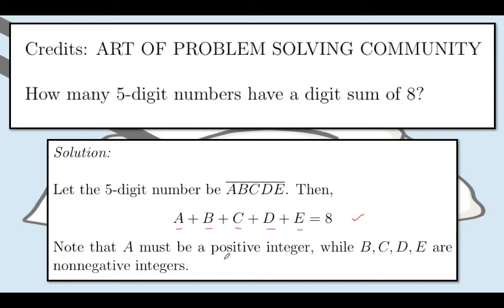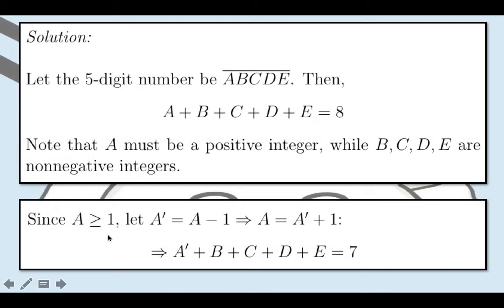So let's have the representation A prime. Since A is greater than or equal to 1, we can let A prime be 1 less than A. Then A prime is greater than or equal to 0, so A prime is a non-negative integer.